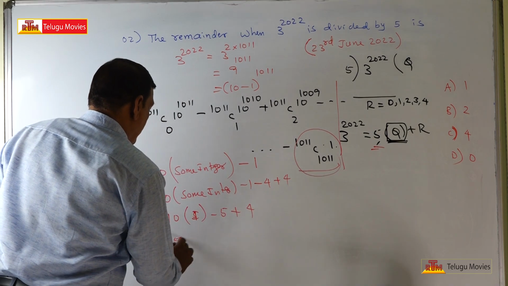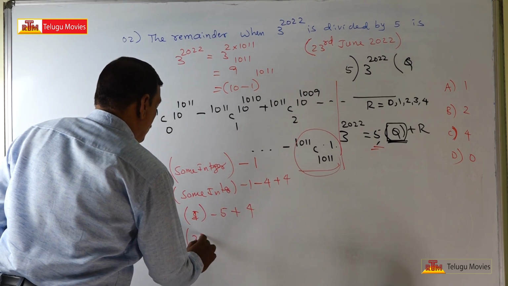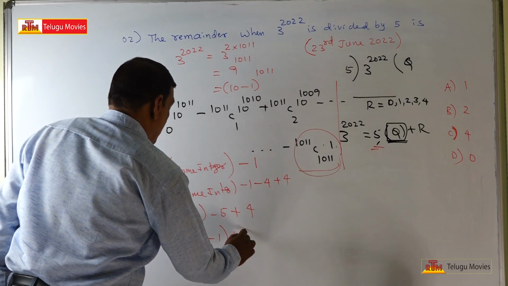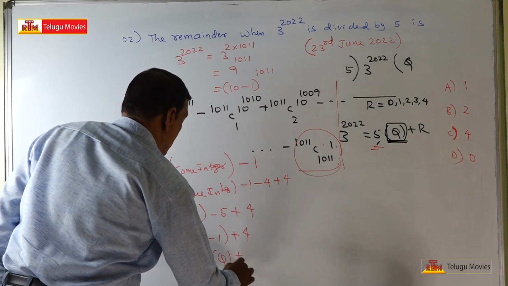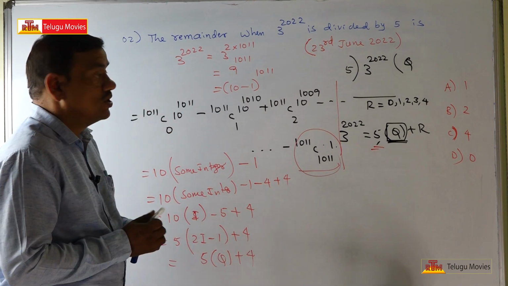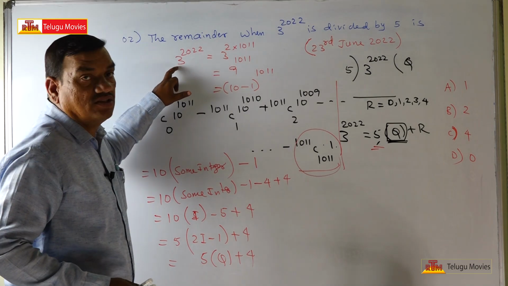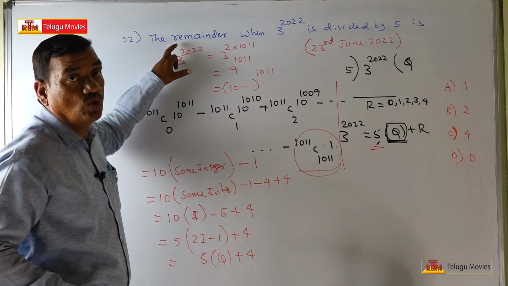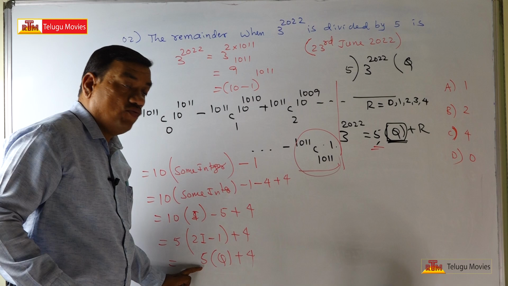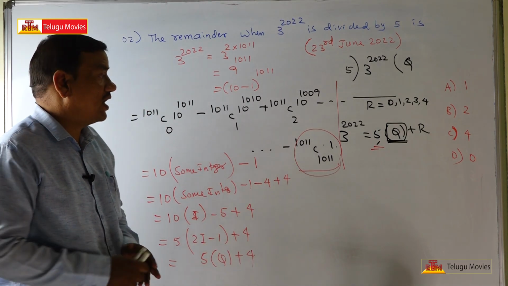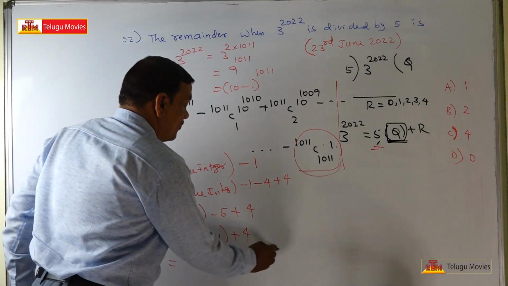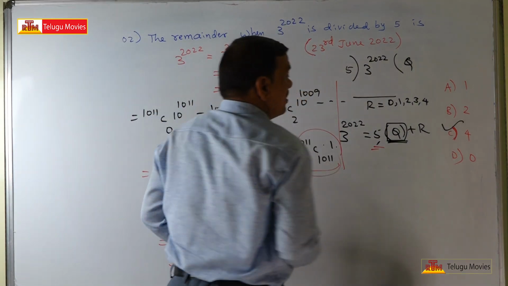You can take 5 as common, so 2 into some integer minus 1 plus 4. This is equal to 5 times some integer plus 4. I expressed 3 power 2022 as 5 into some integer plus remainder. So what will be your remainder? 4. So 4 will be your answer.